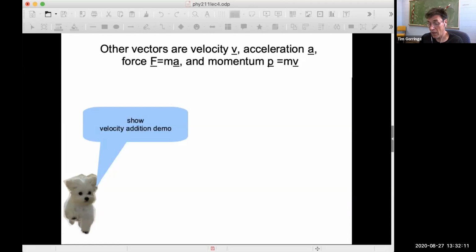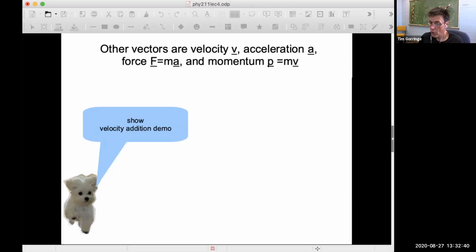But there are other types of vectors, and we mentioned, for example, velocity vectors and acceleration vectors. And actually, I'll mention here that there's also force vectors and momentum vectors. Now, those are a bit more abstract vectors, but as we come to try and understand motion, understand why things move the way they do, then we'll be talking much more about force vectors and momentum vectors.